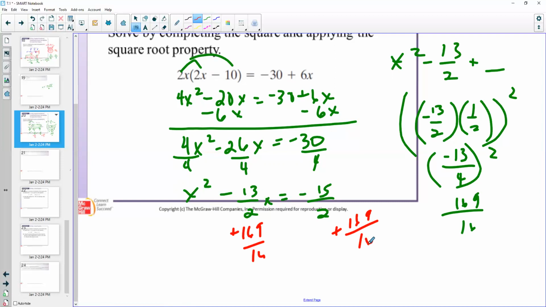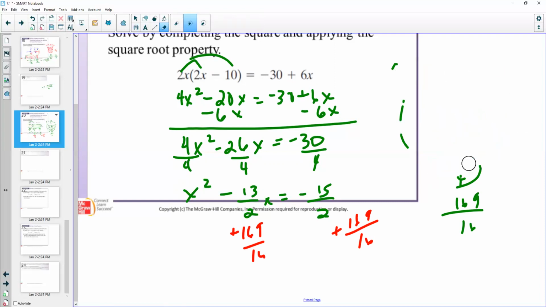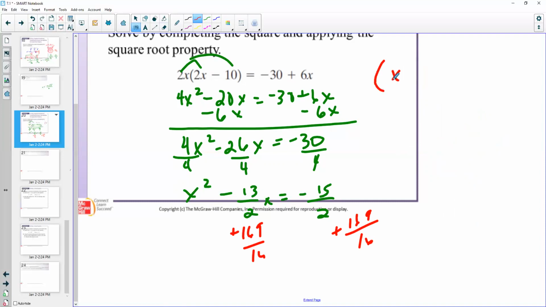Okay, so I get, and I'm going to erase a little bit to make myself some space, sorry. So I get, on this side, x minus 13 over 4 squared equals, well, 15 halves.